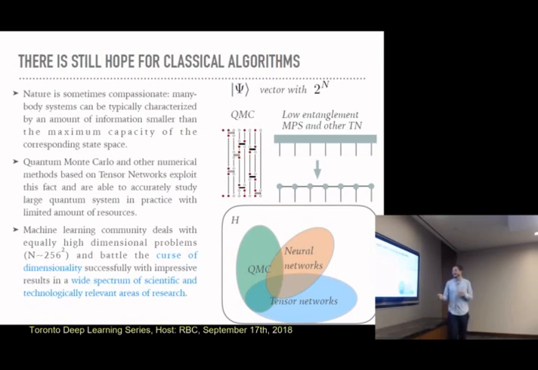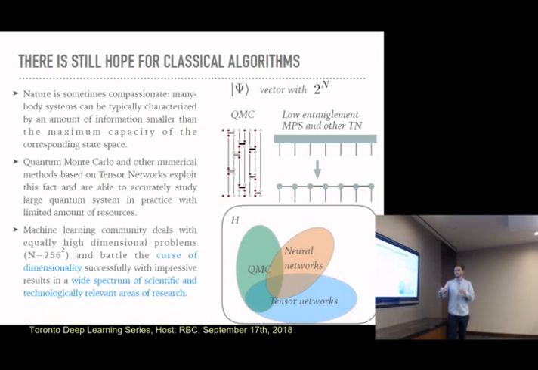Now, this is the most important point of machine learning, and how it relates to what we're trying to do. The machine learning community deals with equally high dimensional problems. For instance, MNIST is a data set of handwritten digits, I think 28 by 28 images.